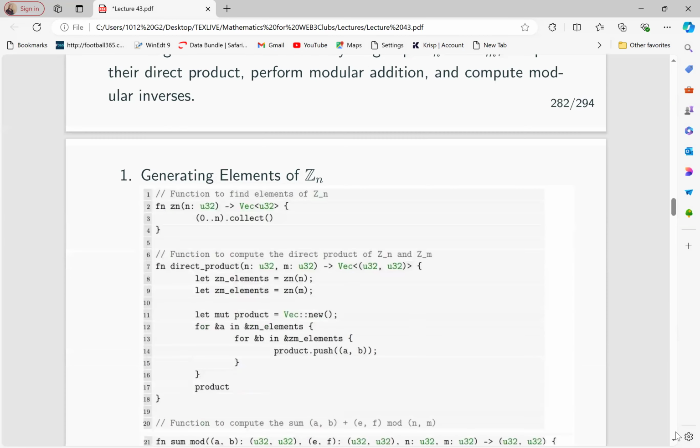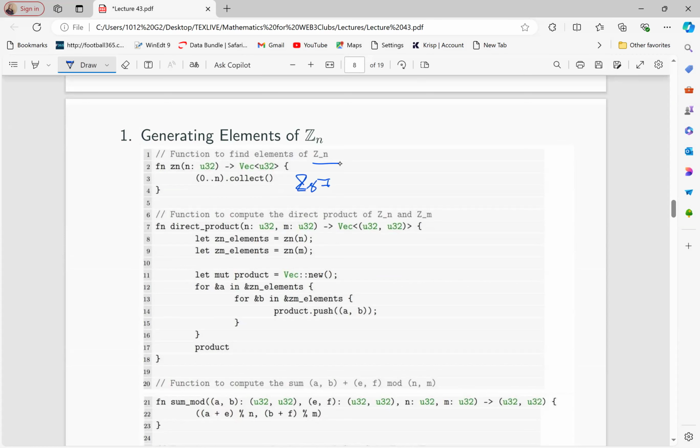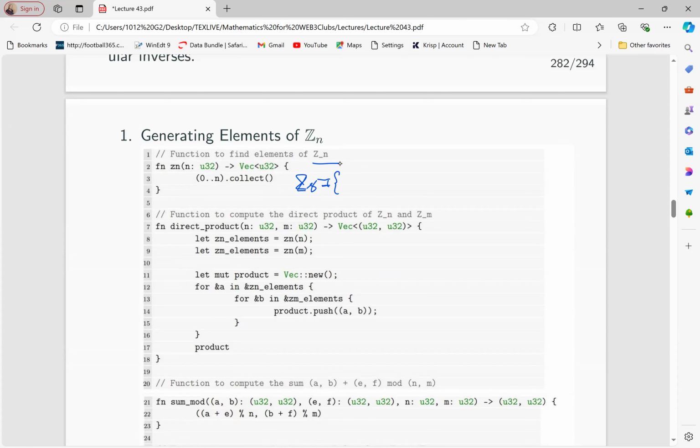Now, I began with the first part. This part is just to give you the elements of Zn. So that means if our n is 8, then you are telling the code, first of all, to generate the elements of Z8, which are 0, 1, 2, 3, all the way up to 7.